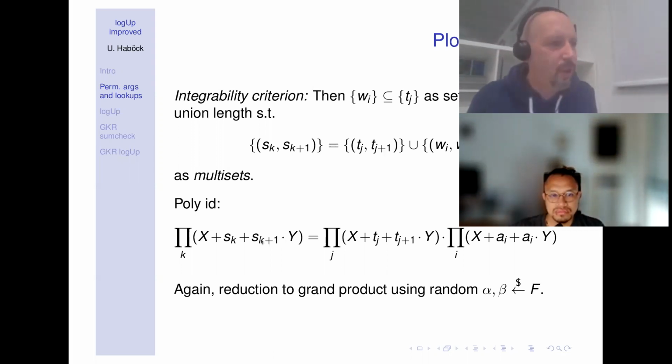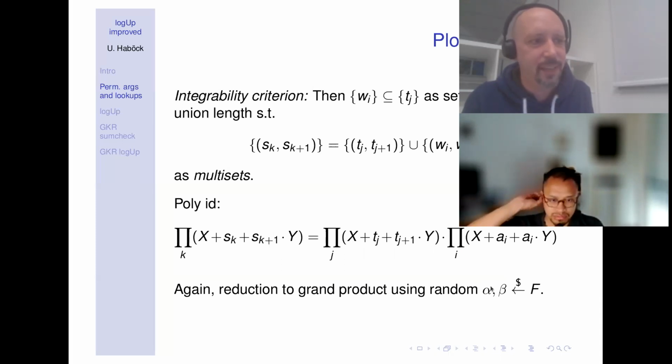Or in polynomial identities, you encode these vectors by considering linear factors as the roots of the polynomial. That generalizes easily. You just sample now for both y and x a random point and end up again with the grand product argument.